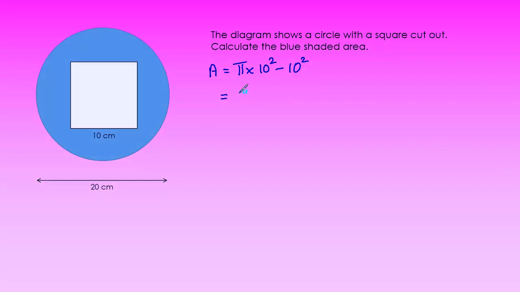So let's just give that as 214.2 centimeters squared, correct to one decimal place. None of the questions so far have actually given us a specified number of decimal places. A question that you have might, and just be aware of that.